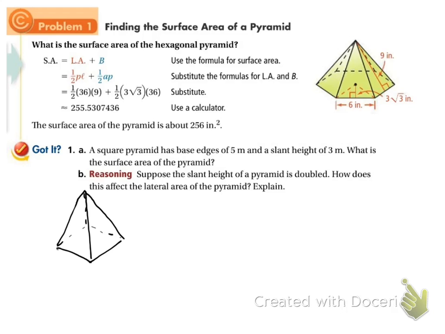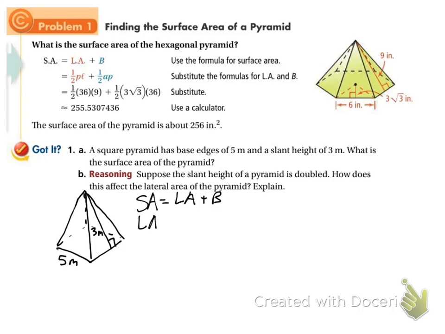It says that it has base edge of 5 meters and a slant height of 3 meters. So my drawing is really off, but we're going to get the same deal here. 3 meters. Okay, and we want to know what the surface area is. So surface area is lateral area plus the base.